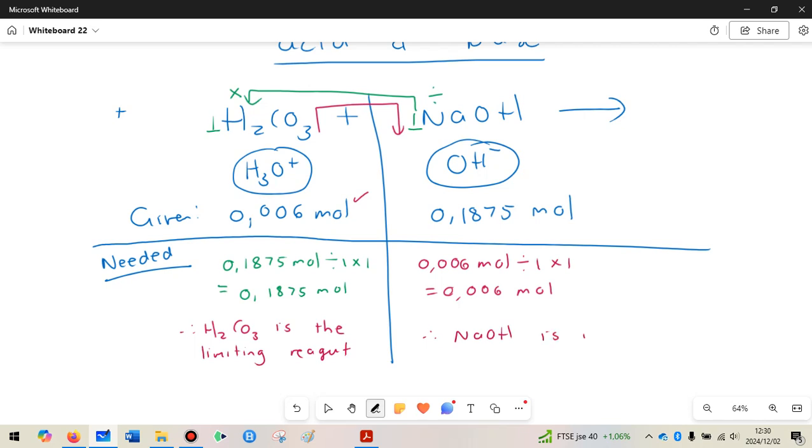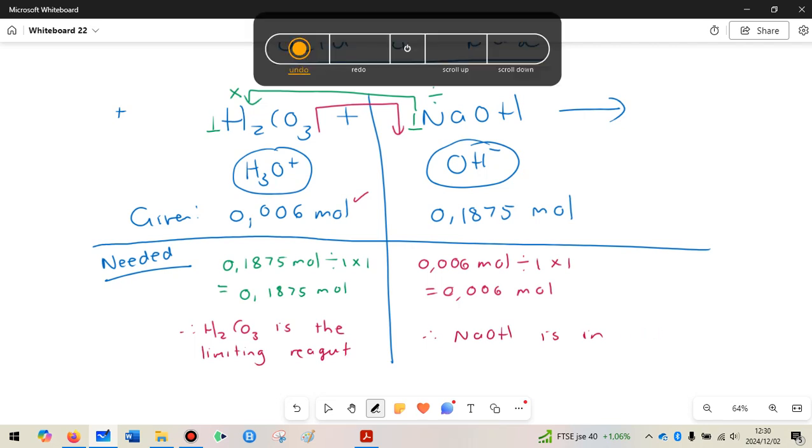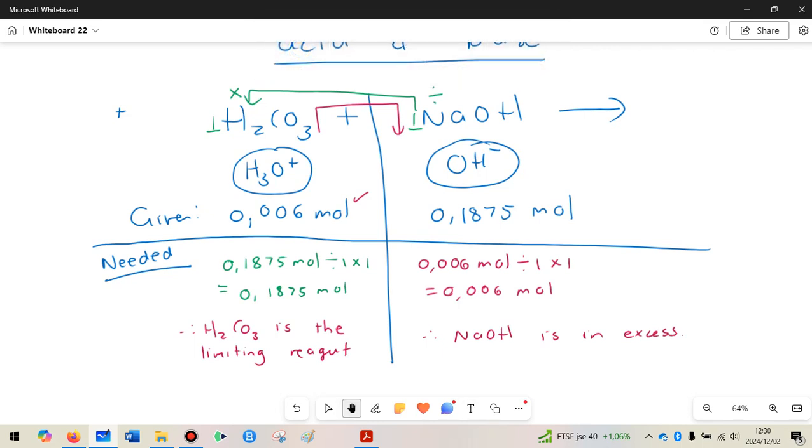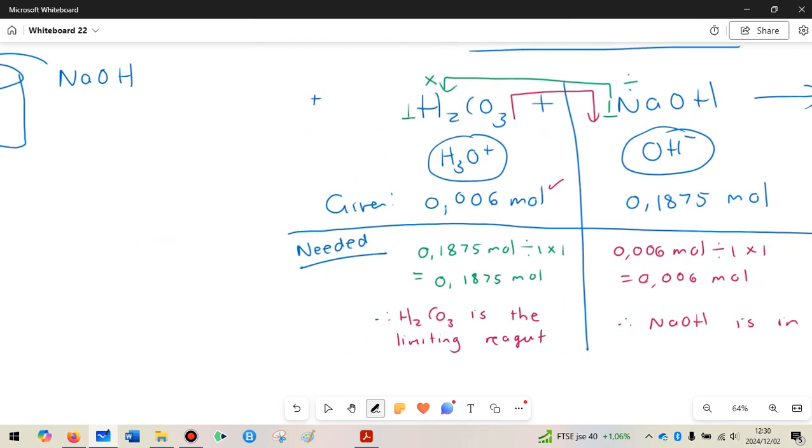Okay, so as we go, let's write down little steps we're taking to figure out what the pH of the final solution is. So step 1, determine which substance is in excess.